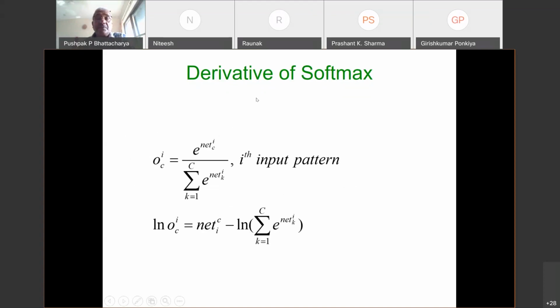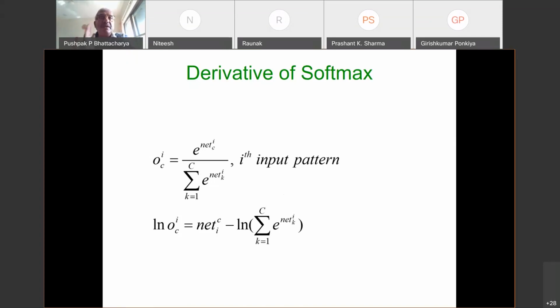Now, the derivative of softmax. There is a little complication here. The softmax is a function of all the components in the input vector. So if I am interested in the derivative of the ith component, the question that naturally arises is whether the derivative is with respect to the input to the ith neuron, or with respect to the input to the jth neuron, where j is not equal to i.